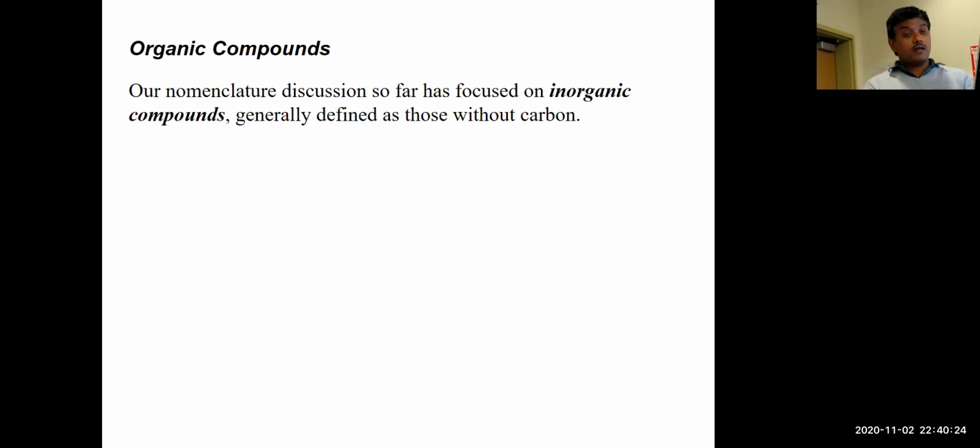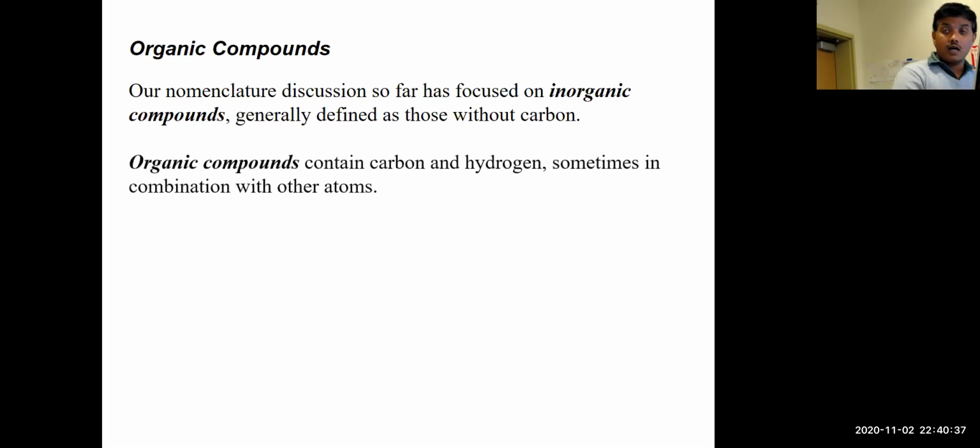Organic compounds come with their own set of rules for how to name a compound, and here I'm going to show you how to name those compounds. Organic compounds are compounds that contain mainly carbons; the basic definition is that it should contain at least one carbon.